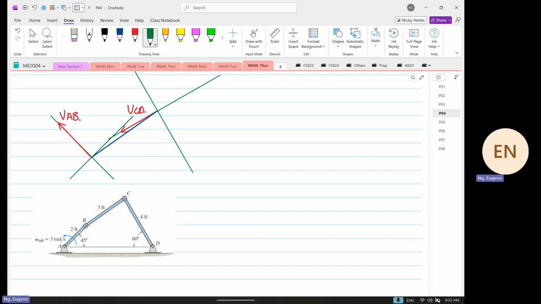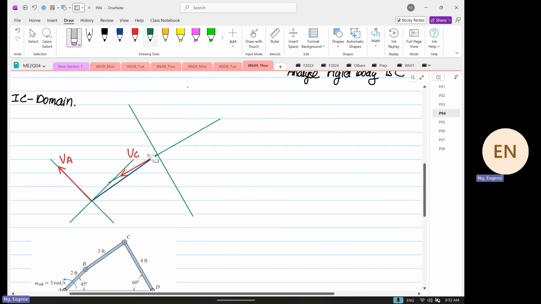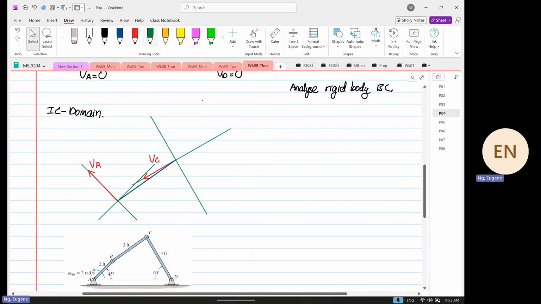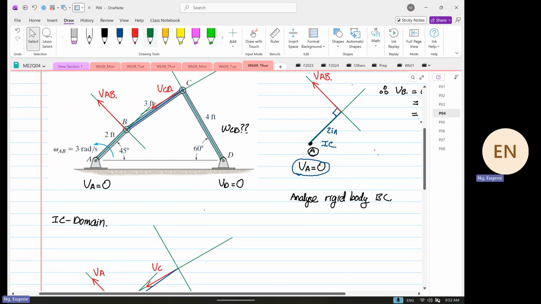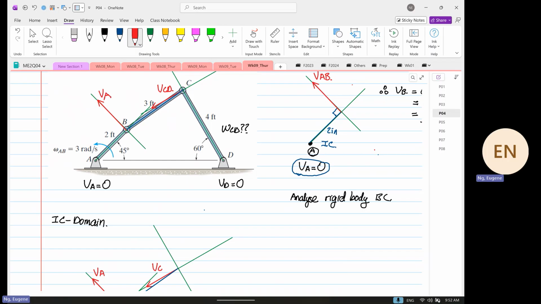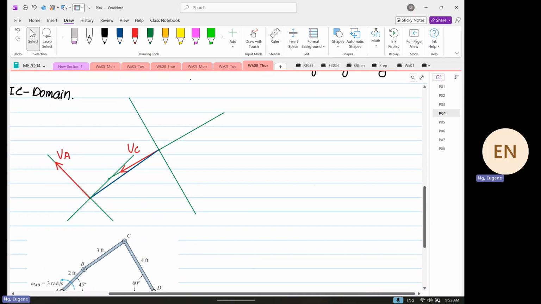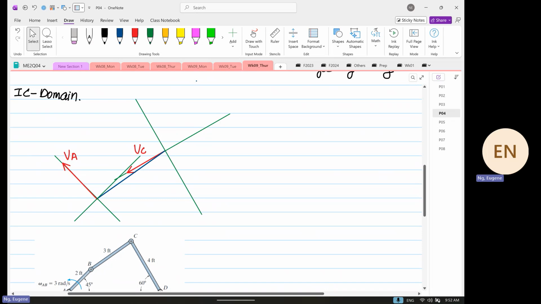VAB. Or BA, Eugene. Can you all change this to BA, please? And then this is BC. I do apologize, my bad. Okay, change this to BA. And then change this to BC. And then now, I want you to focus on this.